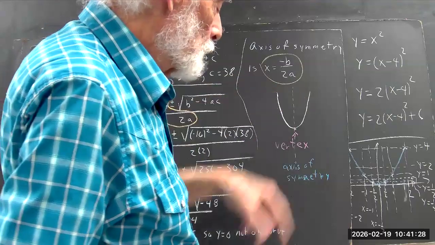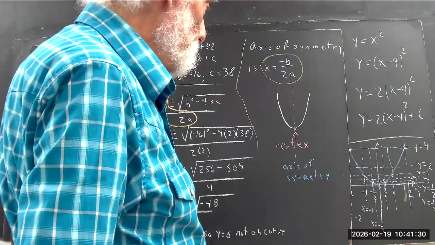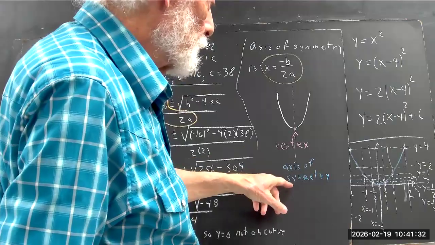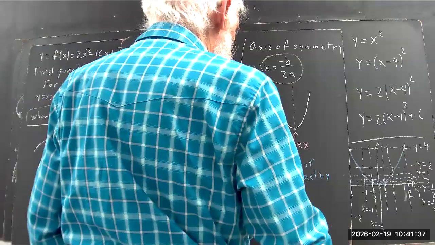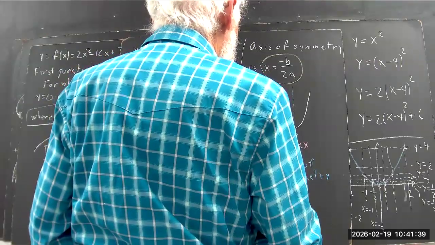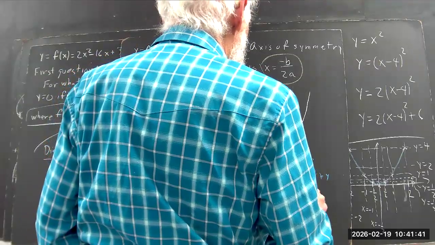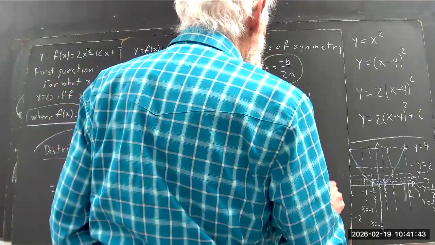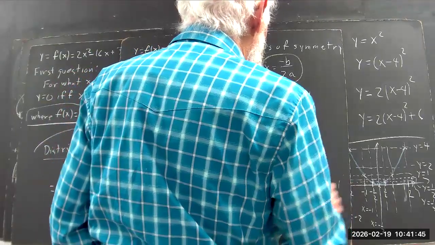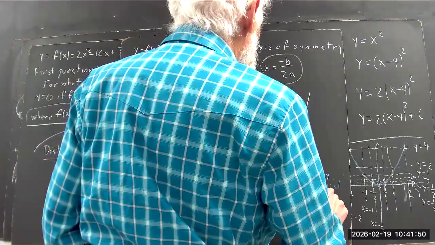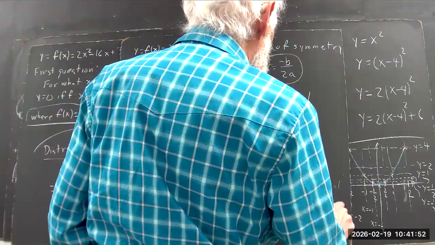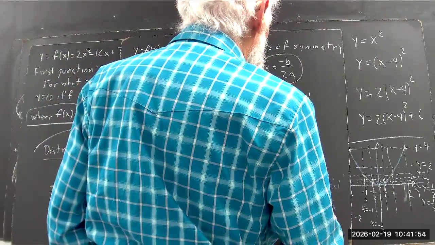So there's a picture of a quadratic function. Just in general, the axis of symmetry is a vertical line, x equals negative b over 2a.